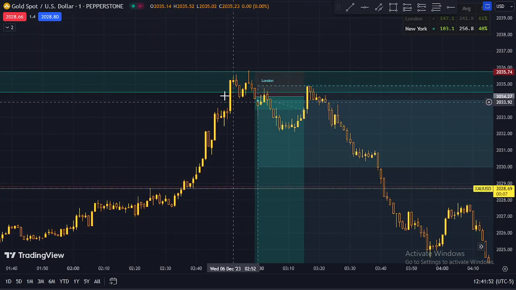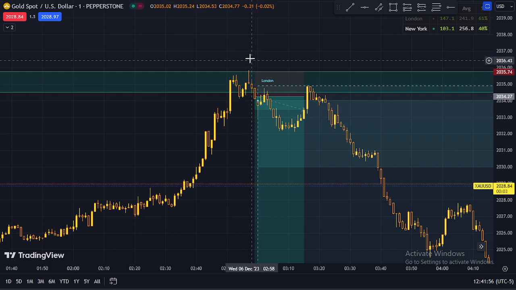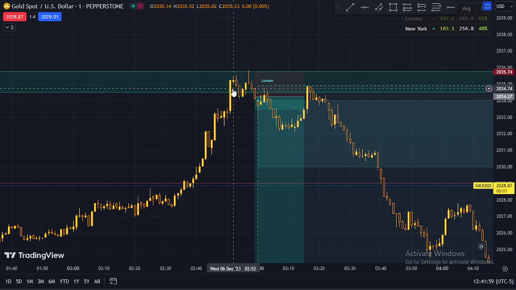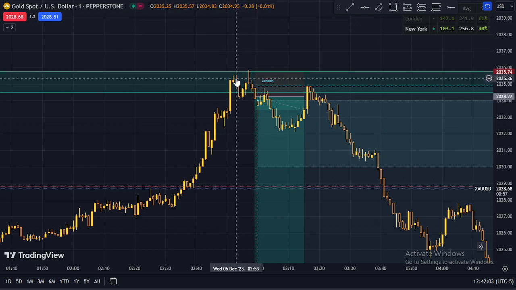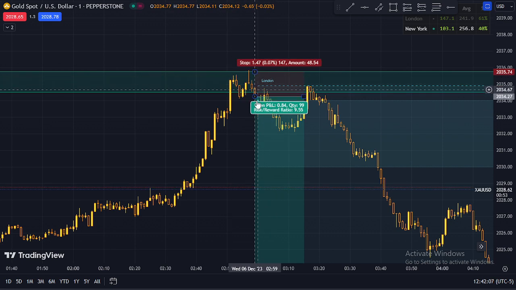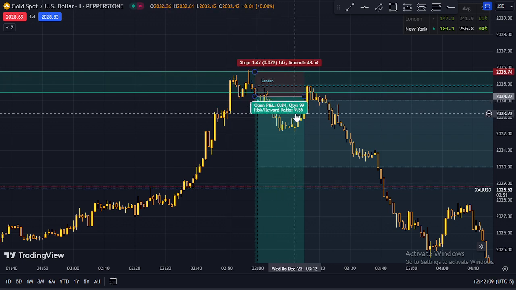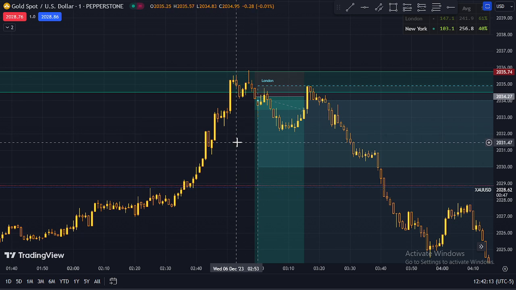So as you can see, price came, went, took out this high. What is this? This is a breaker, high, low, high, high, inside a fair value gap. Those are some of the strongest algorithmic price delivery.